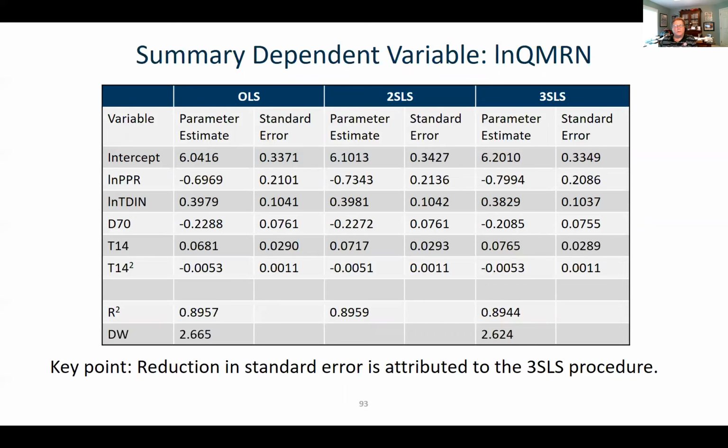A 1% change in LTDIN generates a 0.383% change in LQMRN. And how would we forecast with this? Well, if we conditionalize the forecast by providing values of the exogenous variables here, and here, using the analytically derived reduced forms, we can generate forecasts.